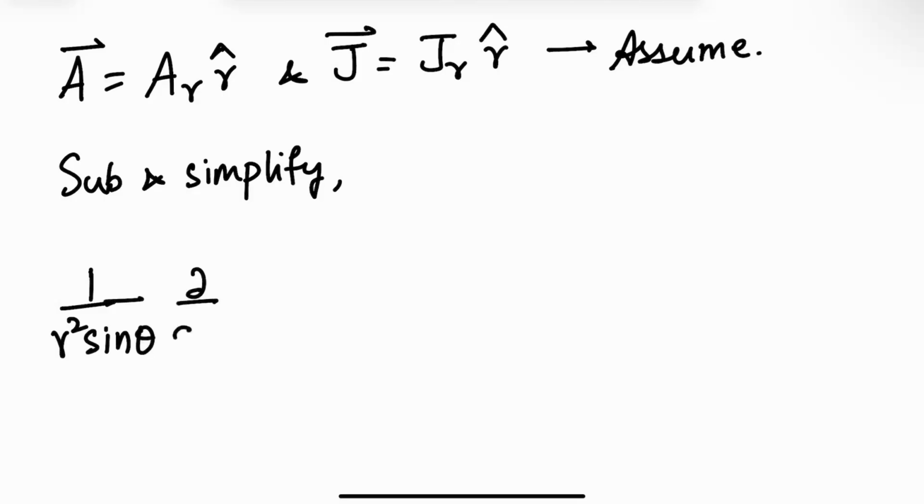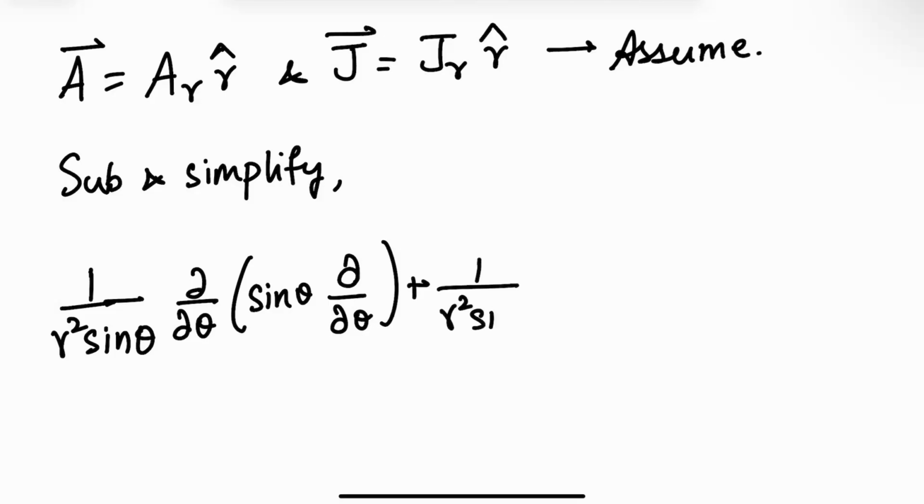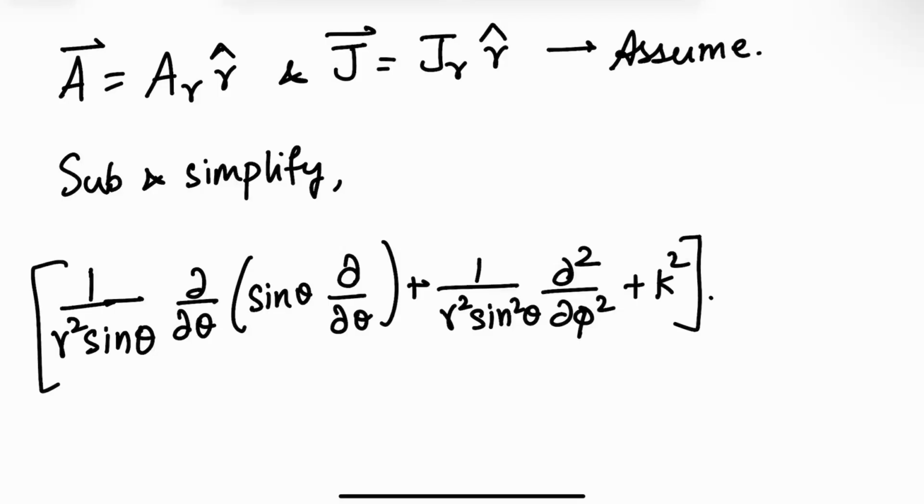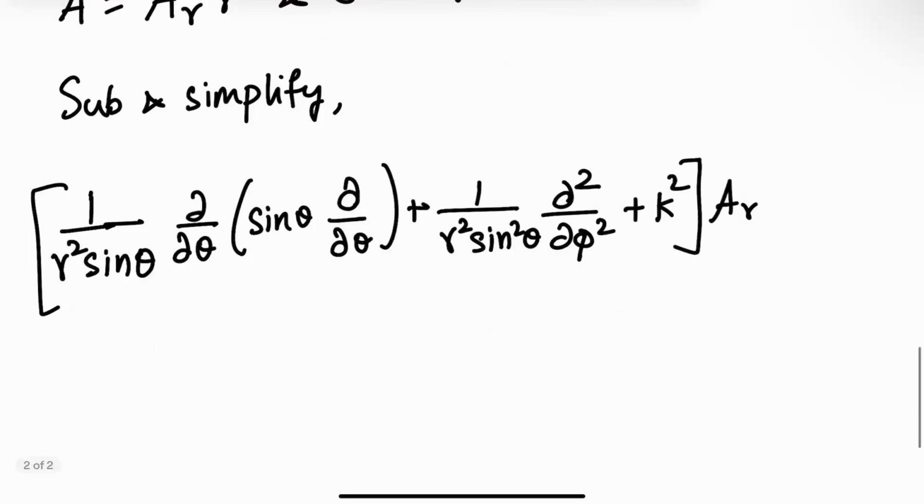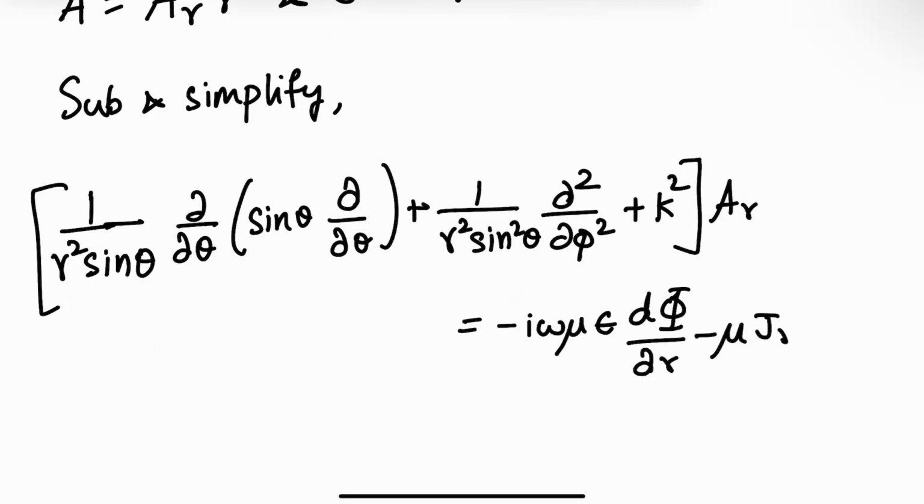But basically that gives d/dθ sinθ d/dθ plus 1 over r square sine square theta d square/dφ square plus k square A_r is equal to minus i omega mu epsilon dΦ over dr minus mu J_r.